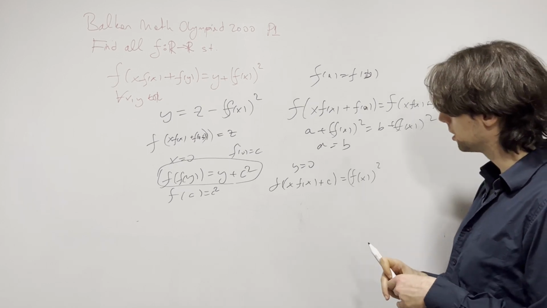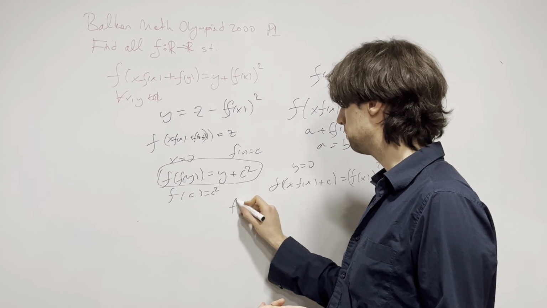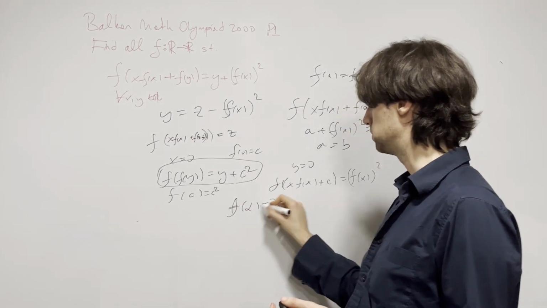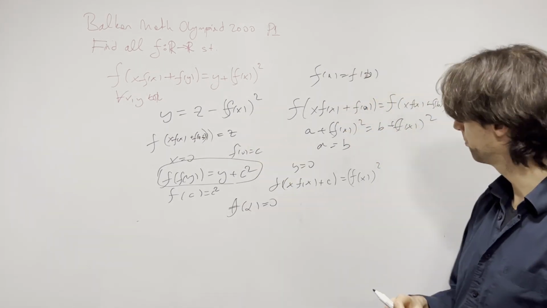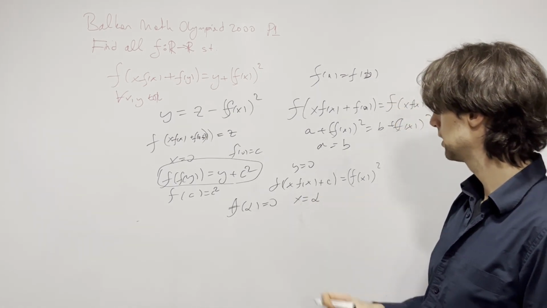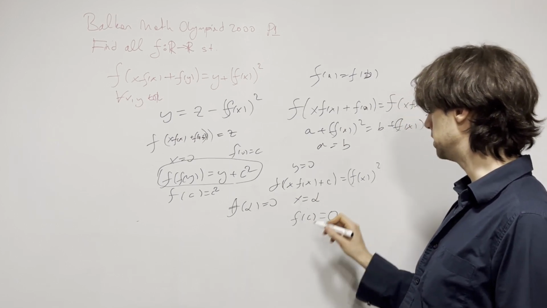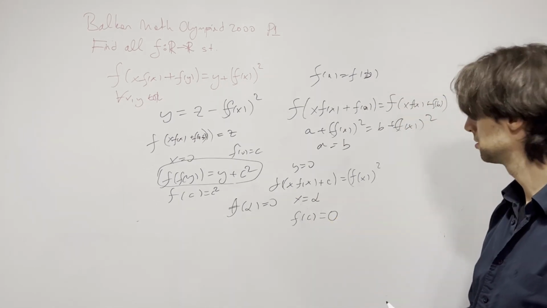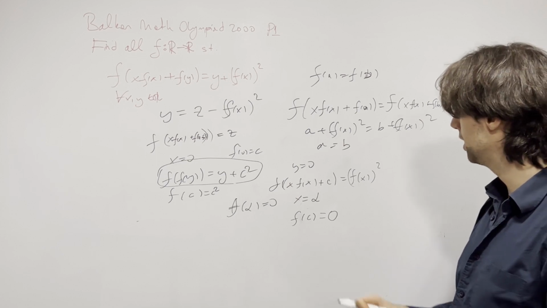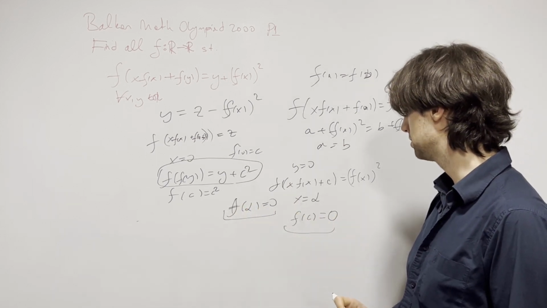Though maybe there's an alpha such that f of alpha is equal to 0, because it's surjective. And if I set x equal to alpha, I'll get that f of c is going to be equal to 0. And now f of c is 0, f of alpha is 0.